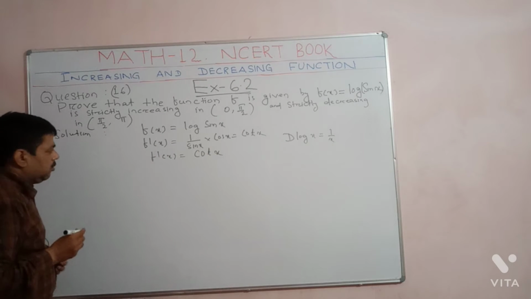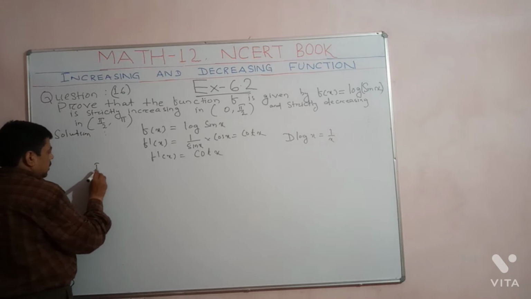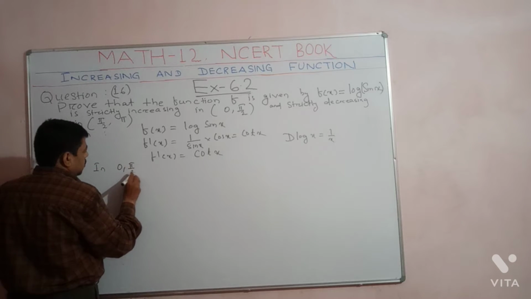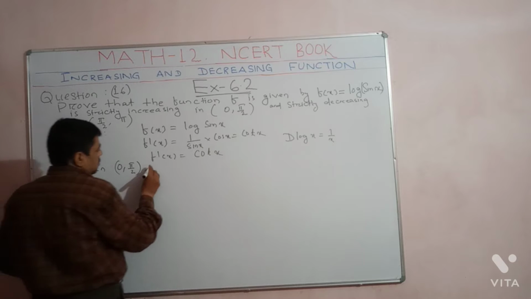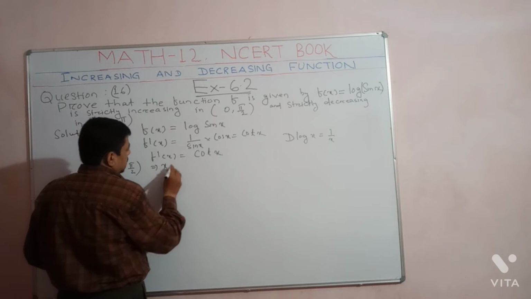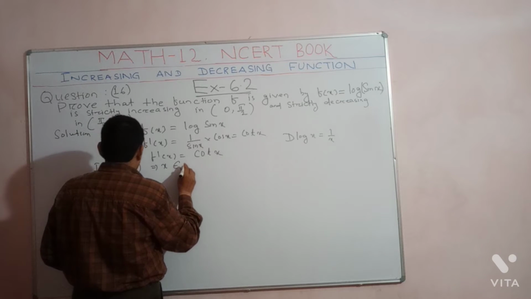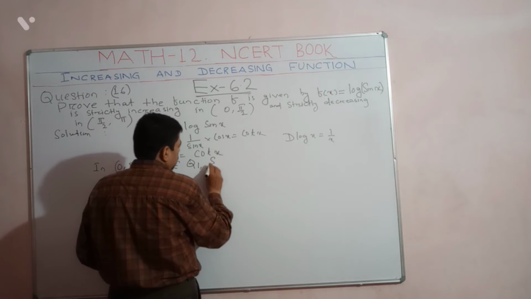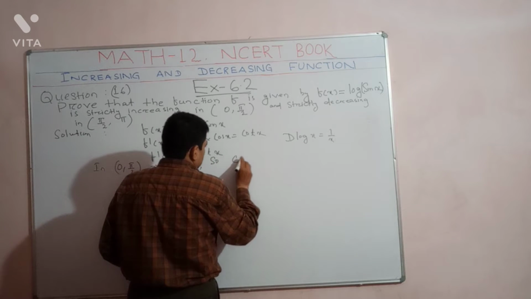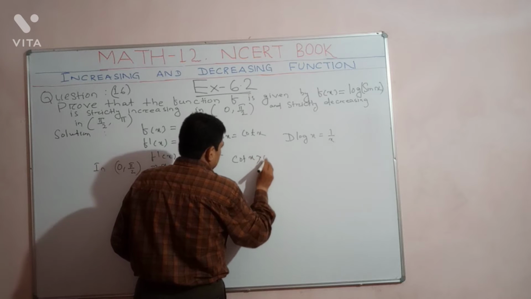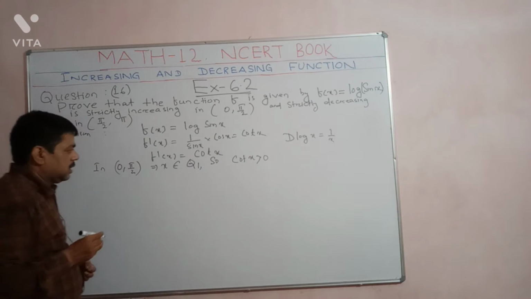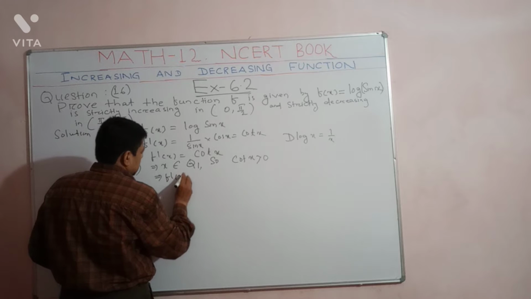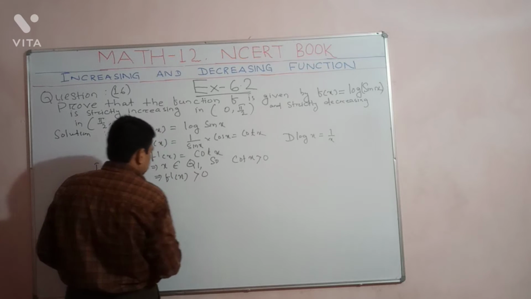Now we know that the interval 0 to π/2 lies in the first quadrant. In the first quadrant, cot x is greater than 0. That implies f'(x) is greater than 0.